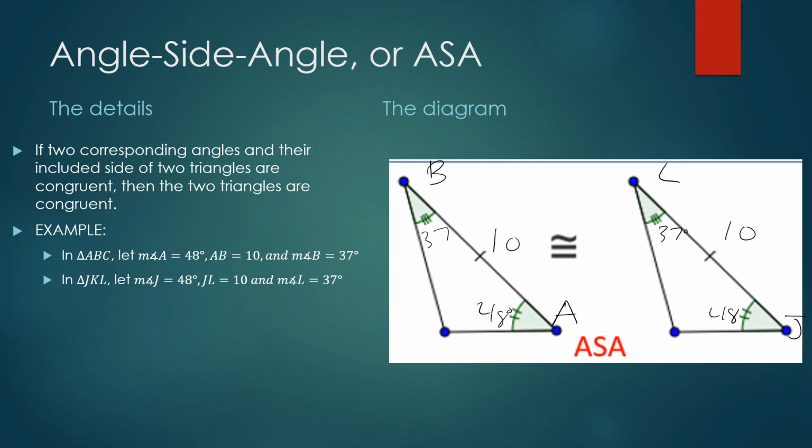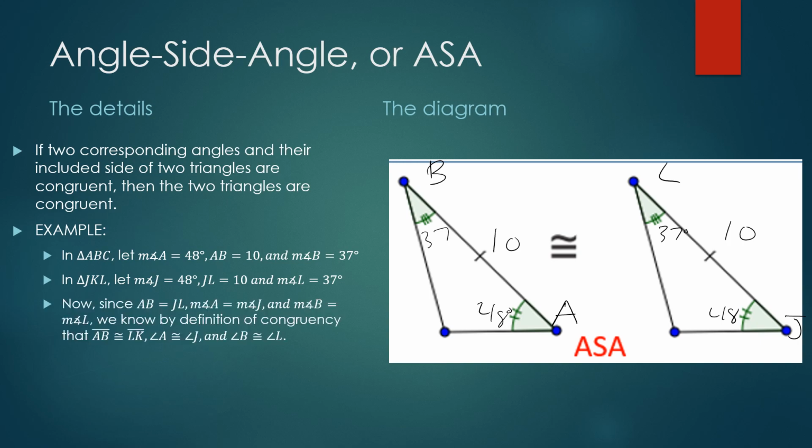So since the two angles and the included side, which is the side in between the two angles, is congruent to each other, or is equal to each other, therefore each corresponding part is corresponding to each other. And this should be JL with a line over it. Everything else is fine.